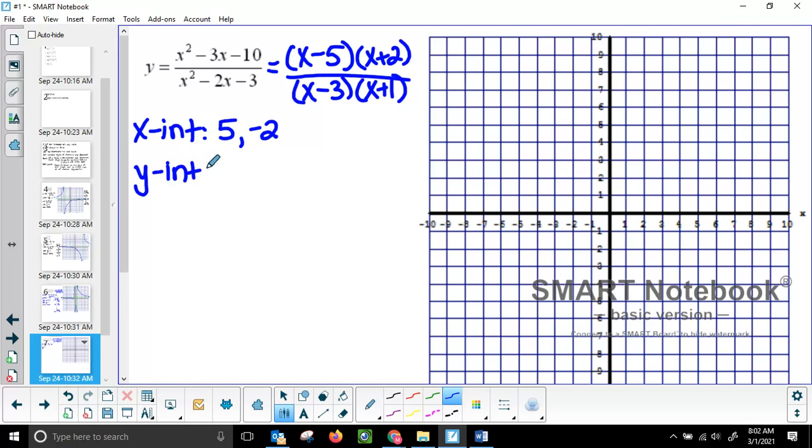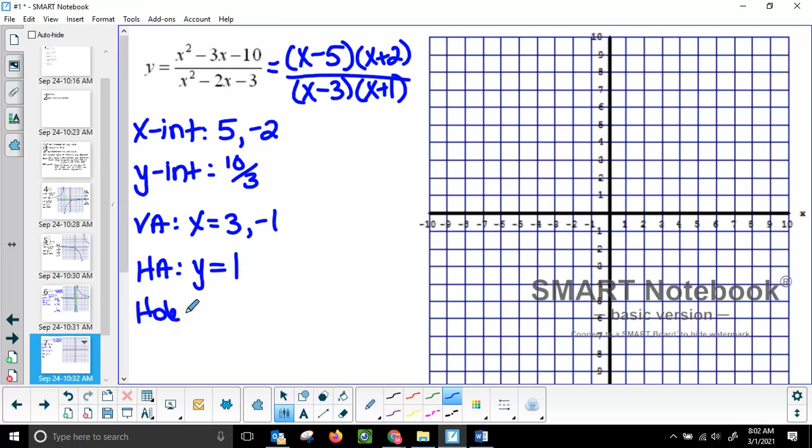Y-intercept, we said plug 0 in for x. Negative 10 over negative 3 is just 10/3. Vertical asymptotes, we set the denominator equal to 0 and solve, so x is equal to 3 and negative 1. Horizontal asymptote, compare the degrees of the numerator and denominator. They are the same, so it's the ratio of the leading coefficients, which is just 1. Nothing canceled here, so we don't have any holes.